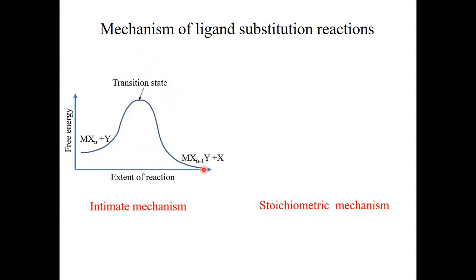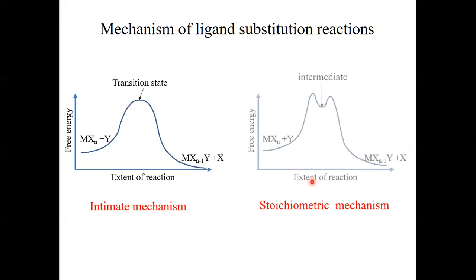So in contrast to that, when we have a stoichiometric mechanism, then we have the formation of an intermediate. So that means that we have an additional local thermodynamic minimum on the reaction coordinate, and we have two maxima that represent transition states.